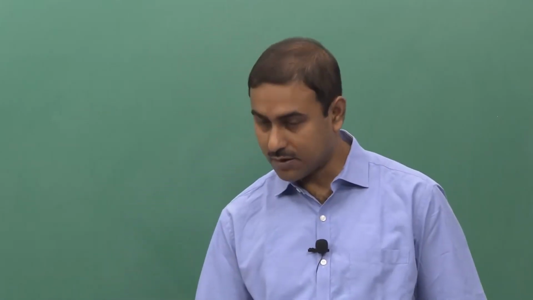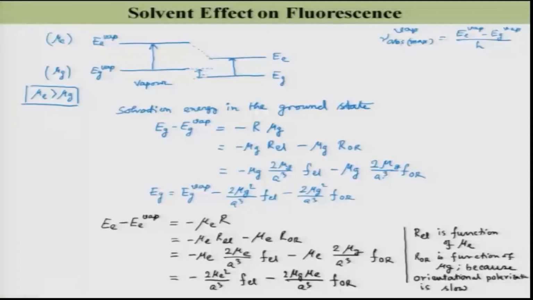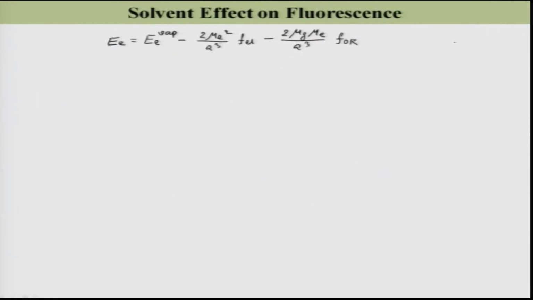similarly, I have calculated over here, you see this lambda, look here, the new absorption maxima in vapor is like this, right. So, I can also calculate the new absorption in the solvent, right. Then I have to calculate E_E minus E_G, isn't it, E_E minus E_G.